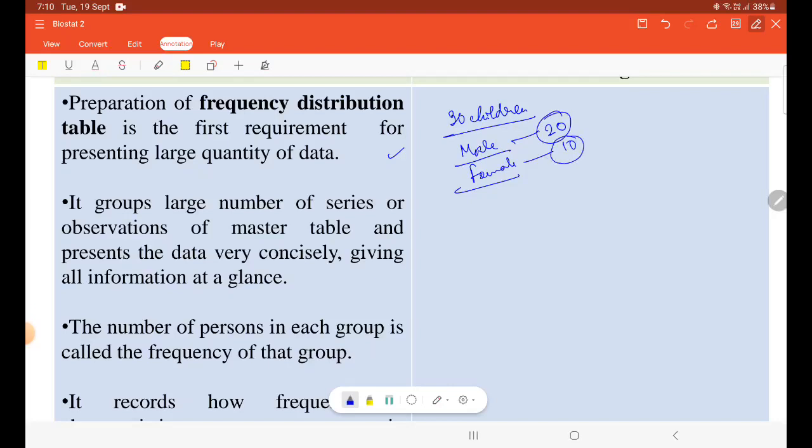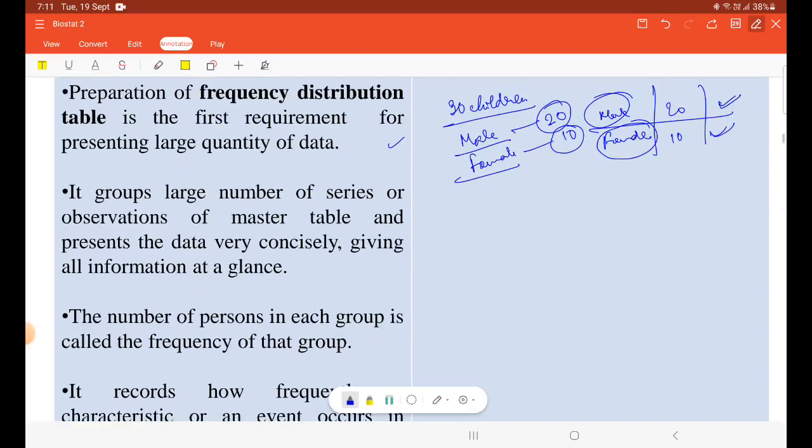When we tabulate the data, male, female, we are distributing them like 20 and 10. So this is a frequency distribution table. We are distributing the frequency of one observation or one attribute, counting the number of that observation or attribute and distributing them in a table. This is called a frequency distribution table.